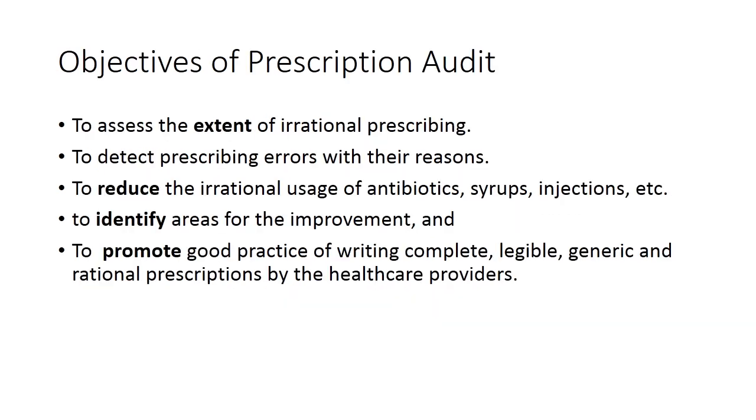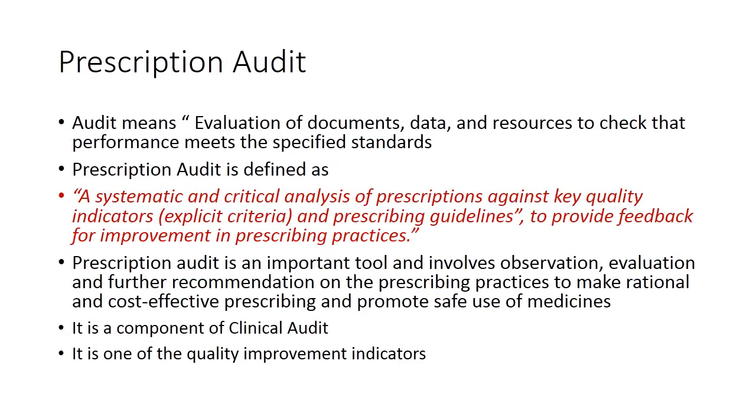Now, objectives of prescription audit are to assess the extent of irrational prescribing, to detect prescribing errors with their reasons, to reduce the irrational use of antibiotics, syrups, injections, to identify areas of improvement, and to promote good practice of writing complete, legible, generic and rational prescriptions by the healthcare providers.